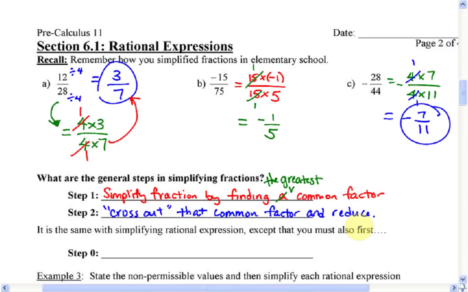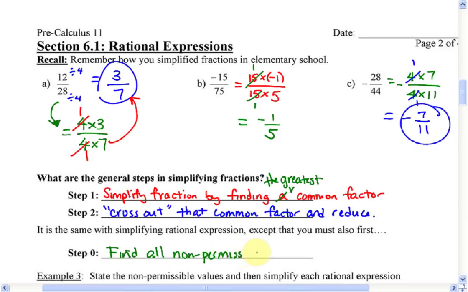What's step 0? What do we always have to look for? What do we have to be careful of when we're looking at rational expressions? Think back to the previous page. Those things, what are they called? NPVs, right. So once again, you must first find all the non-permissible values.